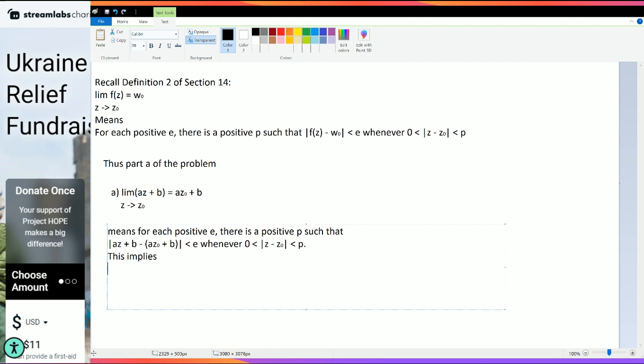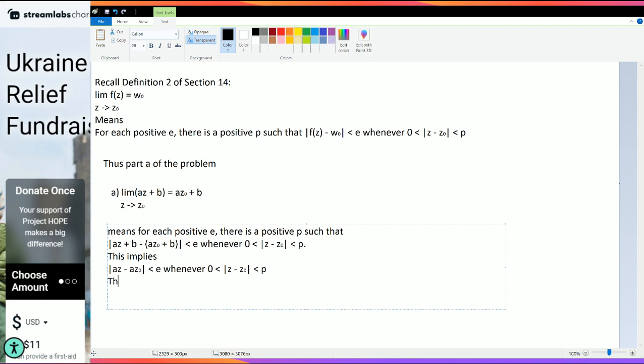So this implies that the distance between az and az naught is less than epsilon whenever 0 is less than the distance z minus z naught is less than delta.